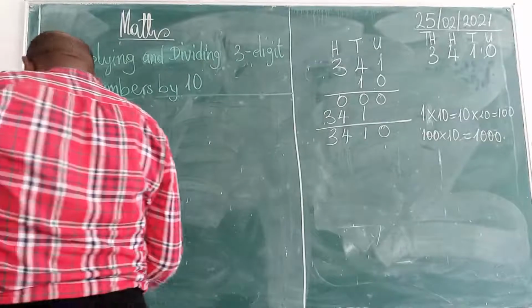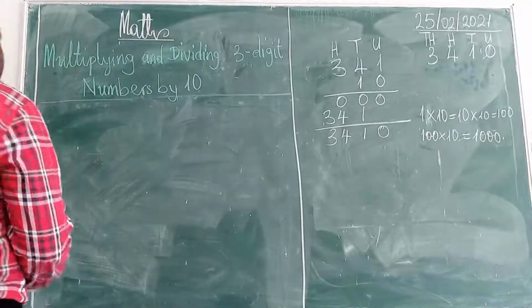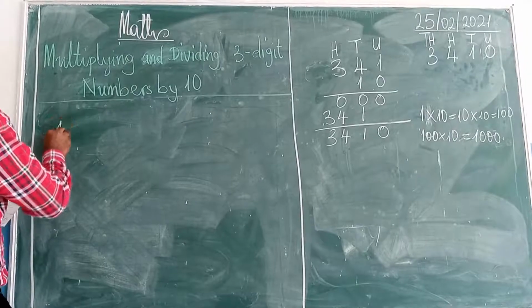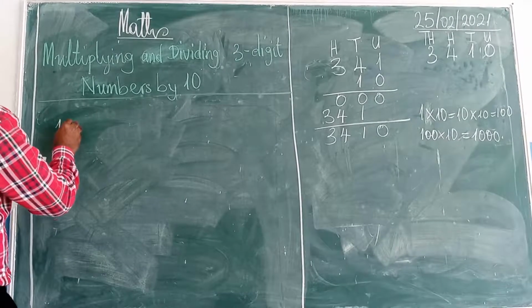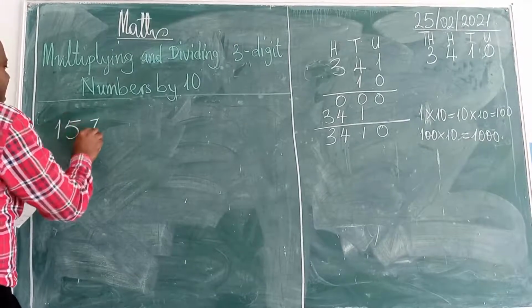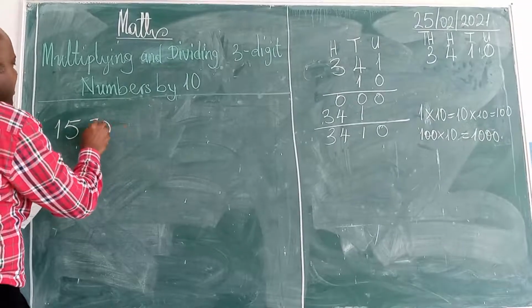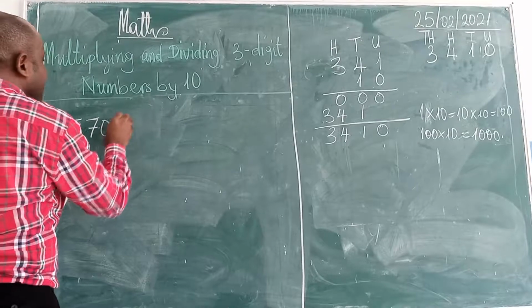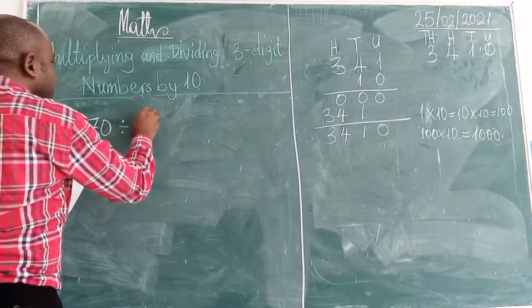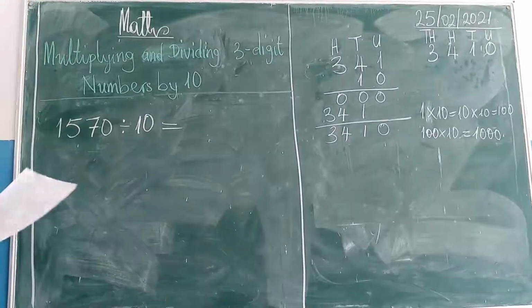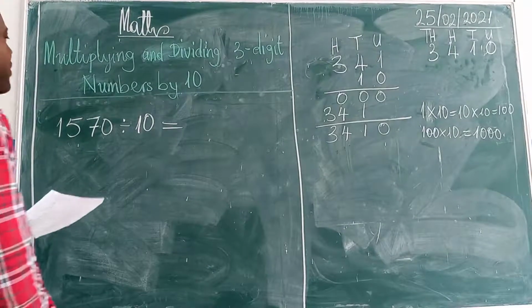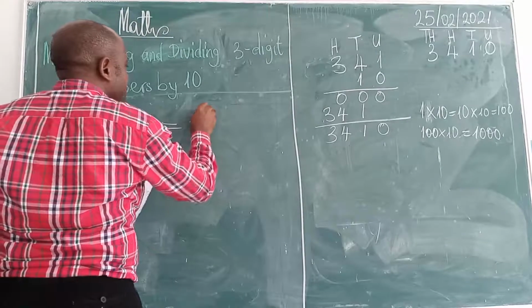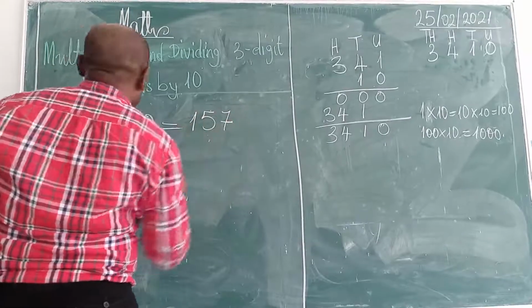Take for example, we have 1,570 divided by 10. My answer will be equal to 157.